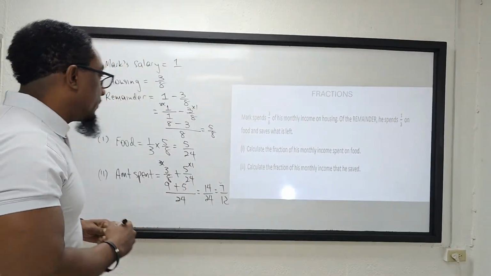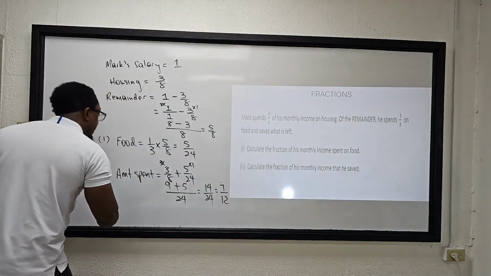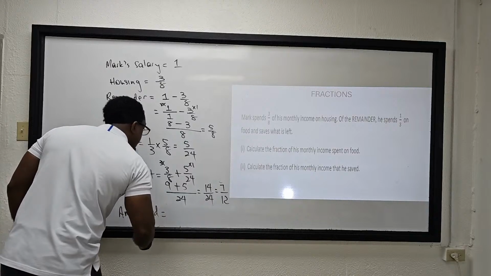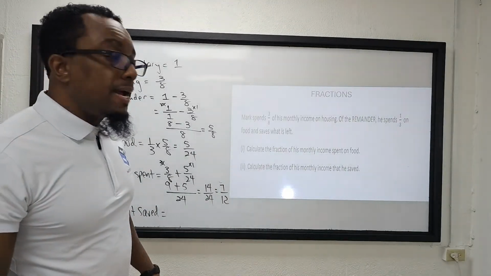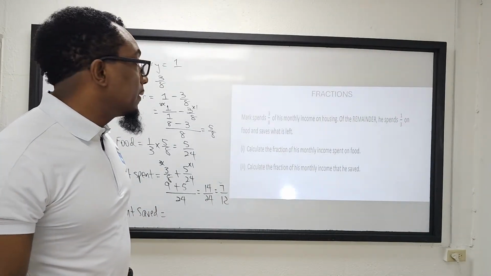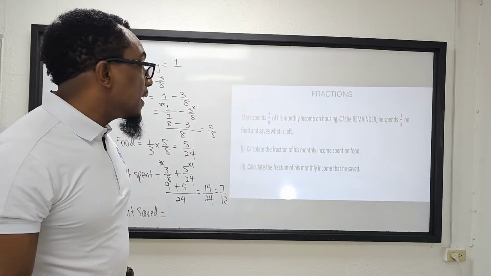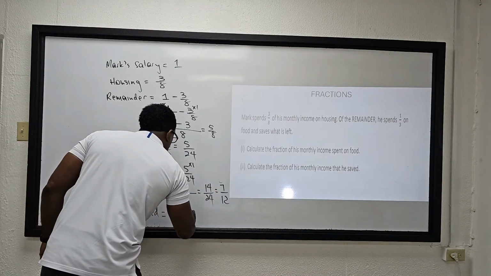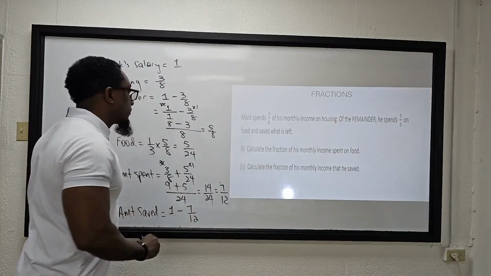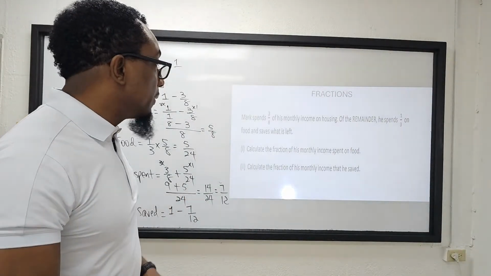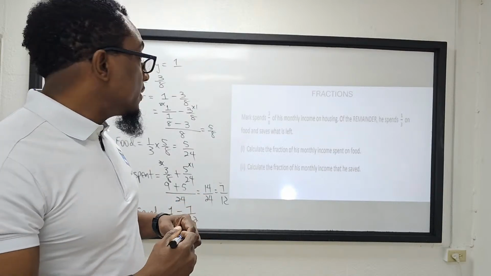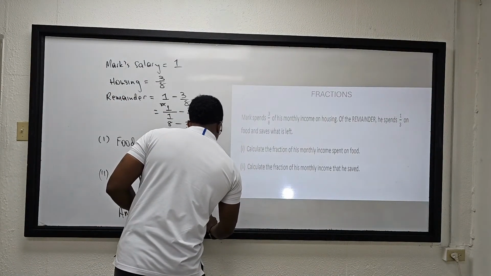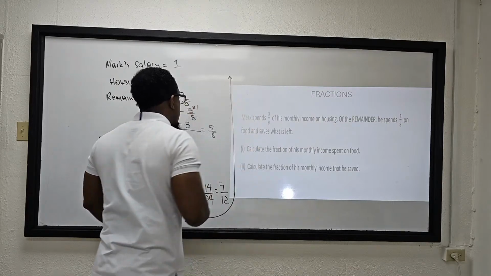So the amount saved will be to subtract 7 over 12, sorry, from his overall salary, which is 1. And that will leave us with the amount he saved. So I'll continue up here.